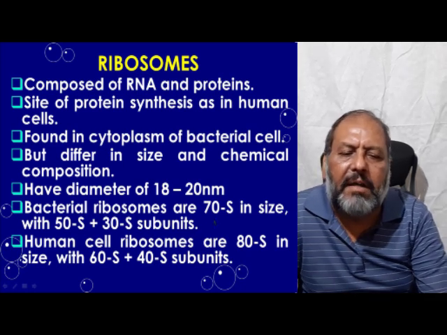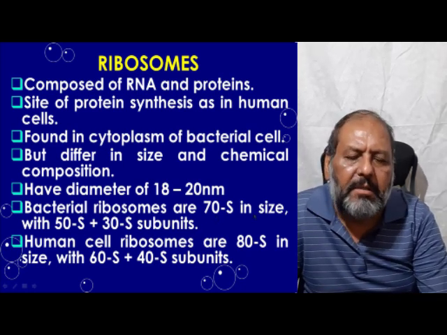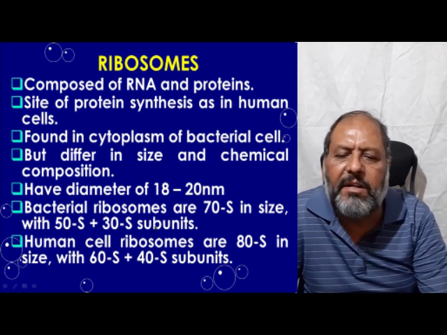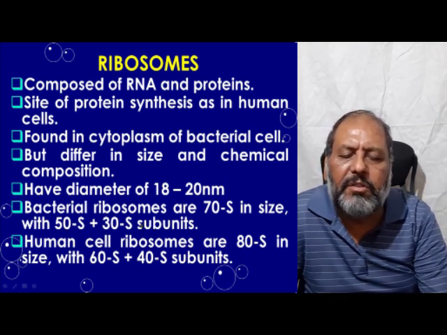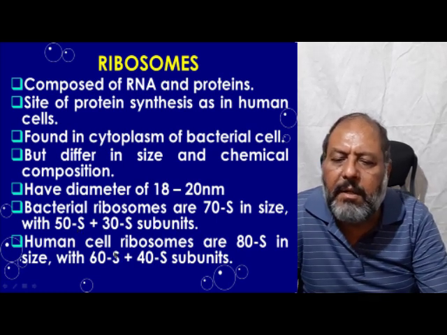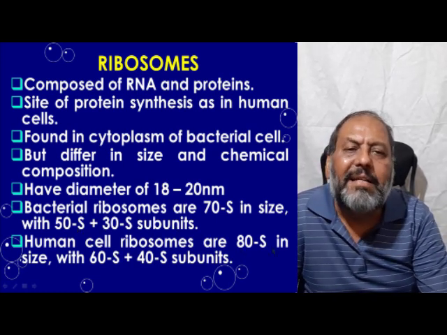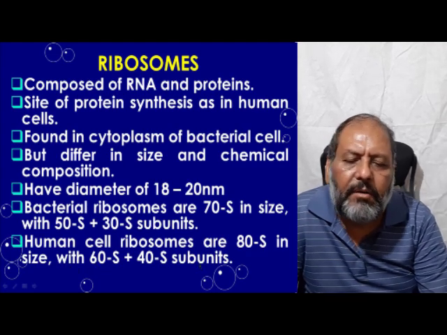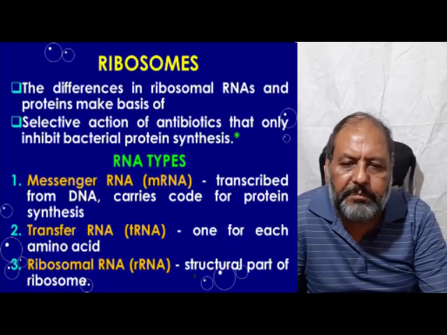Bacterial ribosomes are 70S in size, with a 50S component and a 30S component. So these are the subunits, 50S subunit plus 30S subunit. Human cell ribosomes are 80S in size with 60S plus 40S subunits.